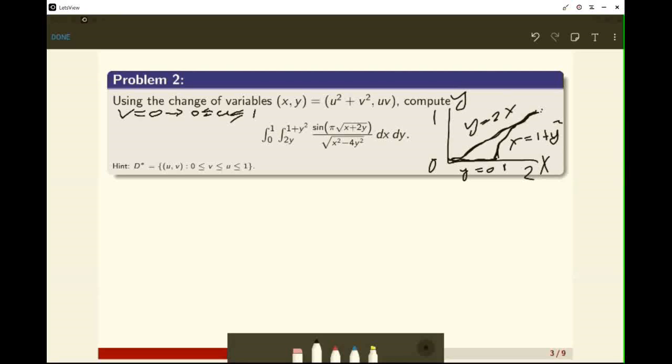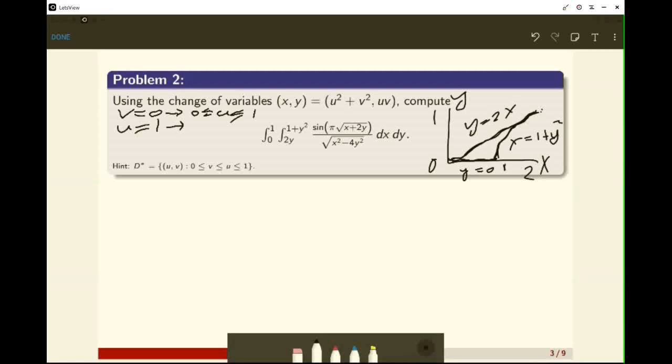If u stays at 1, then the second coordinate is going to be v. It's a bit of a stretch to see this immediately, but hopefully it feels comfortable that enforcing u to equal 1 enforces x to be 1 plus v squared and y to be v, so x would be 1 plus y squared.